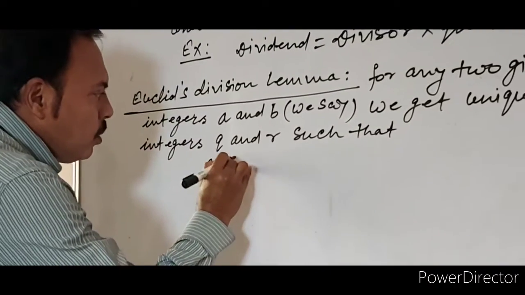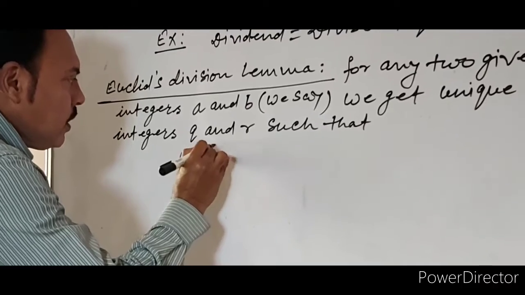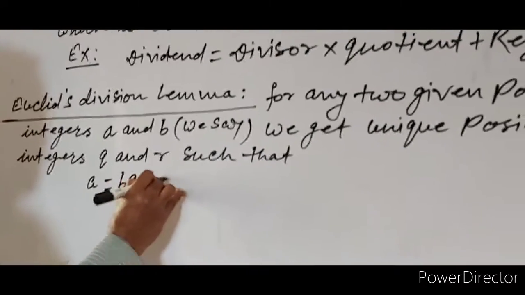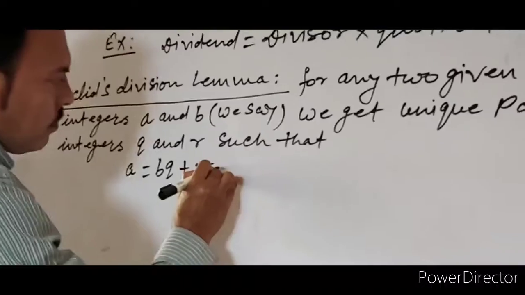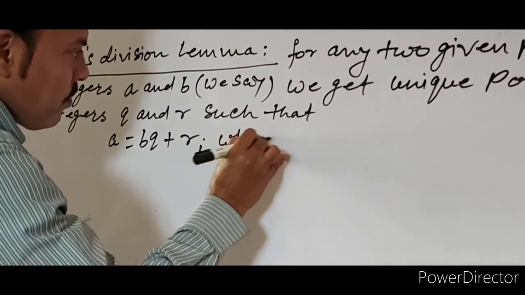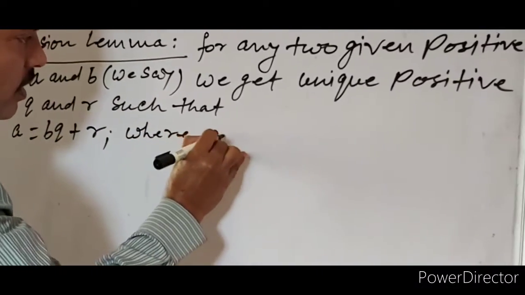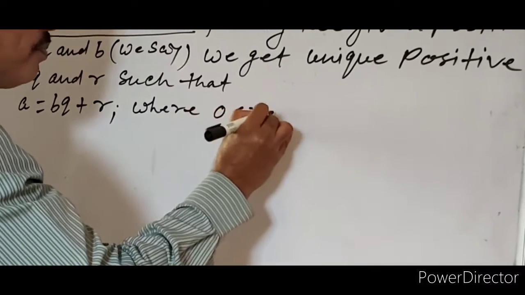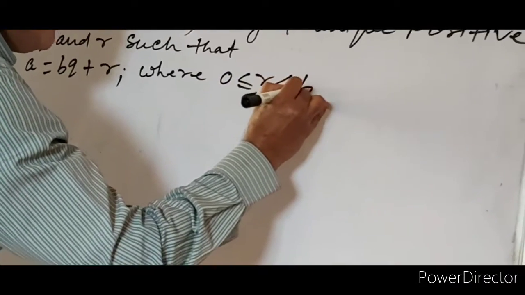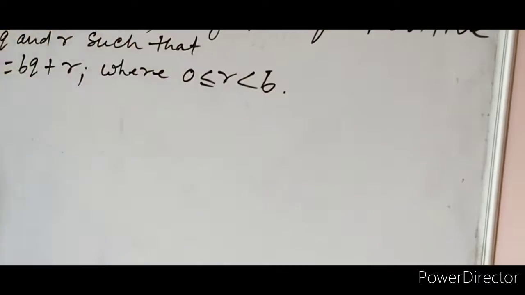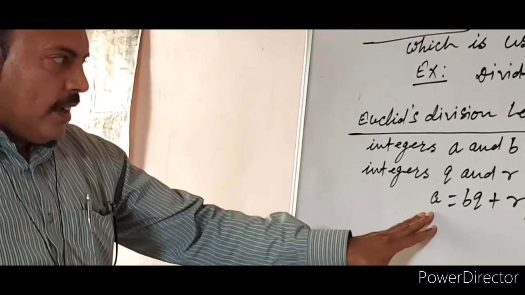A equal to BQ plus R, where 0 is less than or equal to R and R is less than B. This statement is Euclid's division lemma.